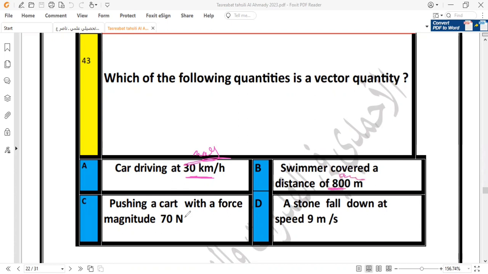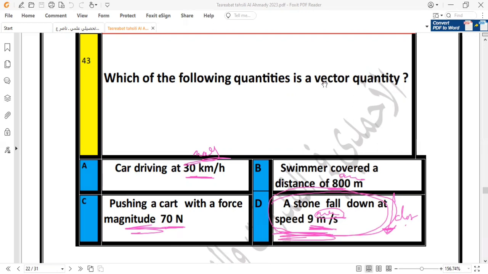Pushing a car with a force of 70 Newtons is magnitude. A stone falling down has direction. A speed of 90 meters per second is magnitude. So which one has magnitude and direction? This one: the stone falls down at a speed of 9 meters per second. This is a vector.